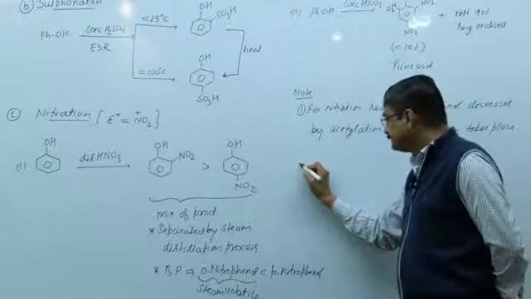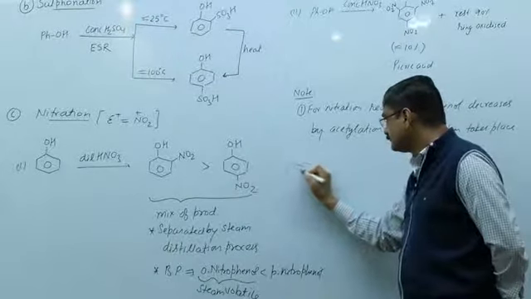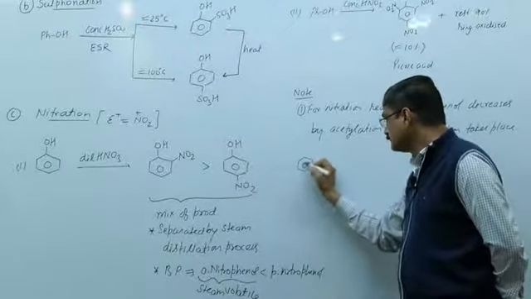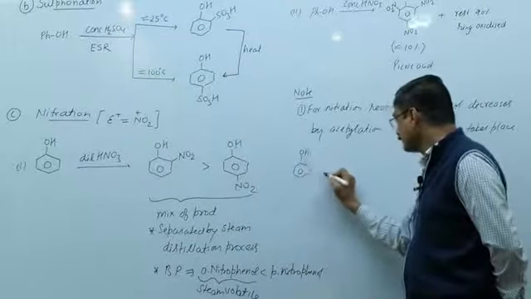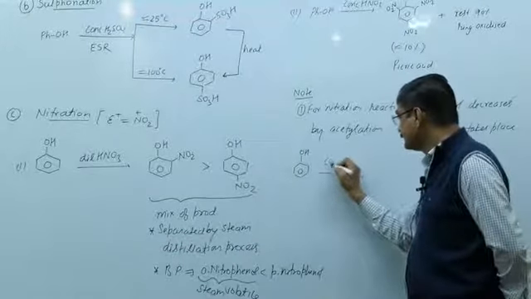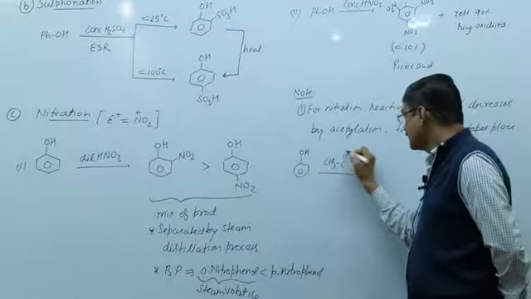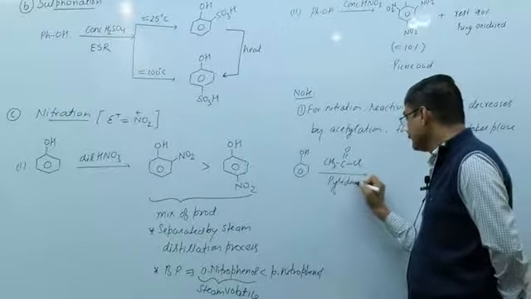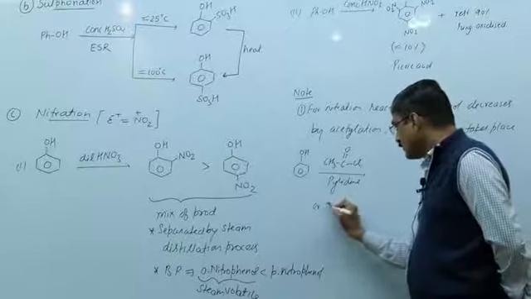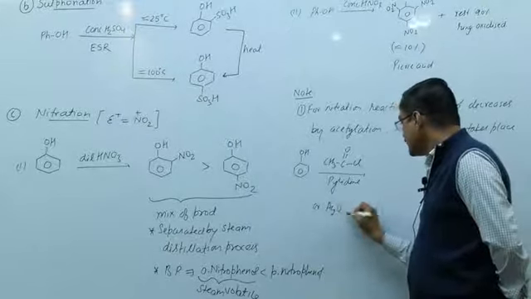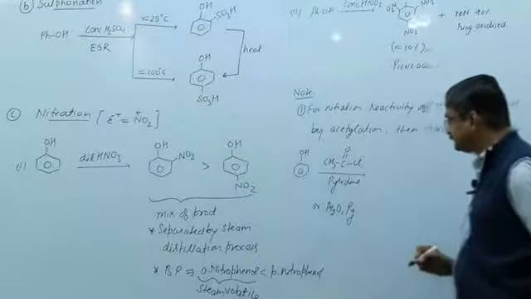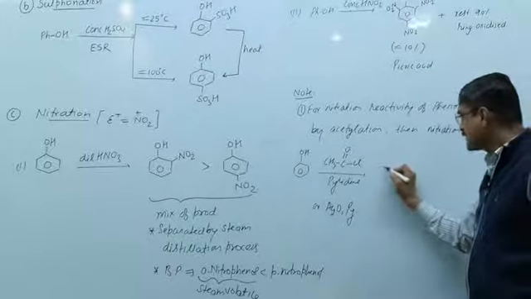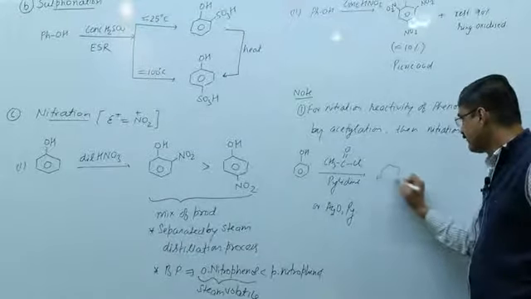For example, suppose I take acetyl chloride in presence of pyridine or acetic anhydride in presence of pyridine. Acetylation takes place.